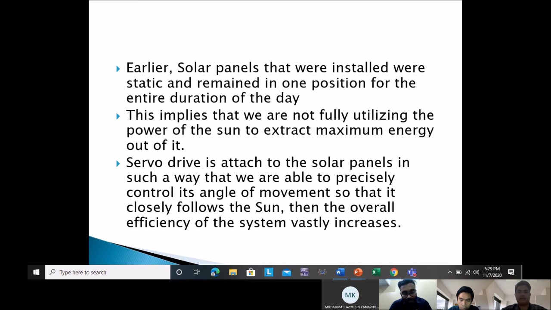So nowadays, when we attach the servo drive to the solar panel, we are able to precisely control its angle of movement at all times and closely follow the sunlight so we can get more solar power.